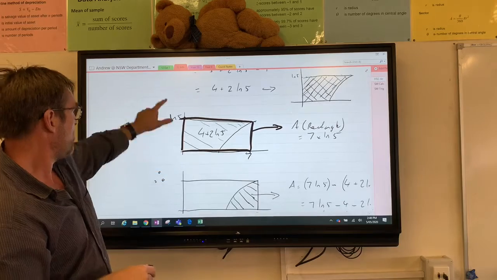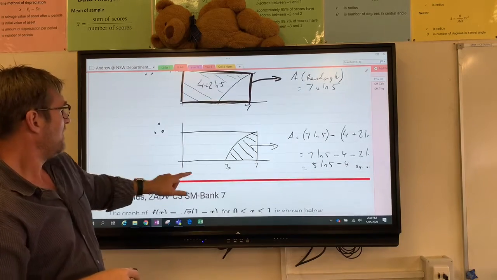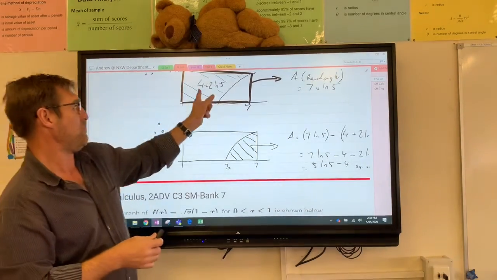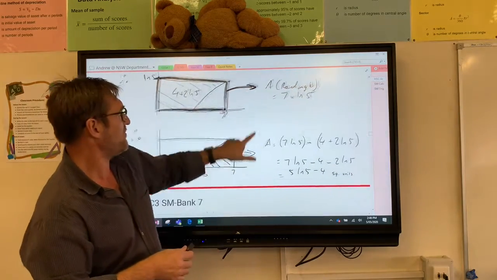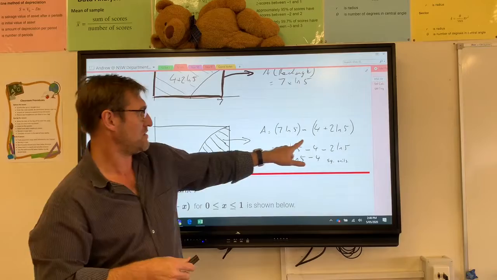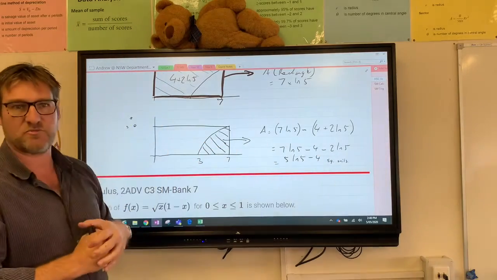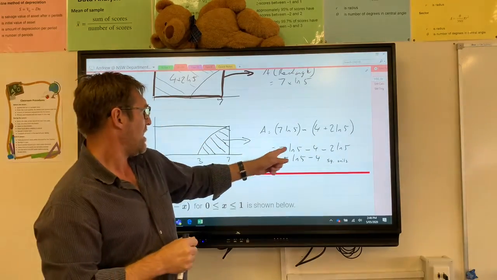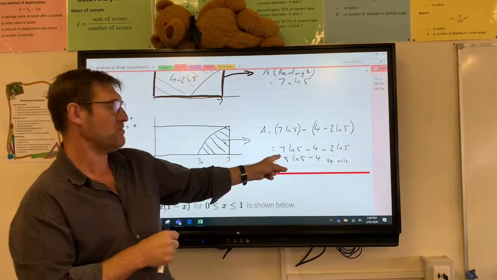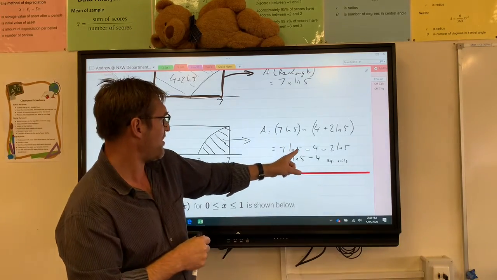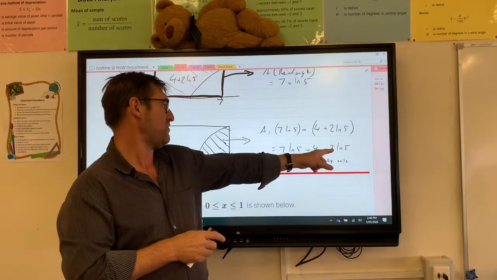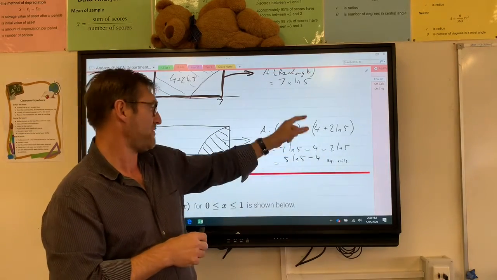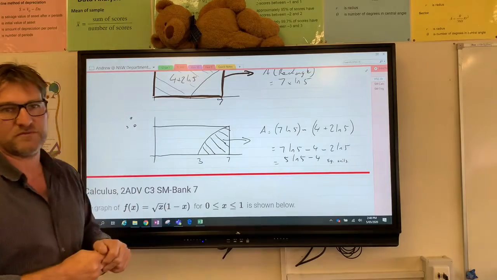It is log 5 high. And so I'm just going to do the big rectangle, 7 log 5, minus off the bit I found before. And just do a bit of calculation there. Can you do this stuff? So 7 log 5 minus the 4 minus 2 log 5s. 7 log 5 minus 2 log 5s is 5 log 5. 5 log 5, take away 4.